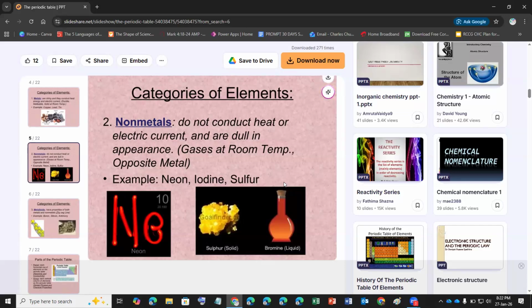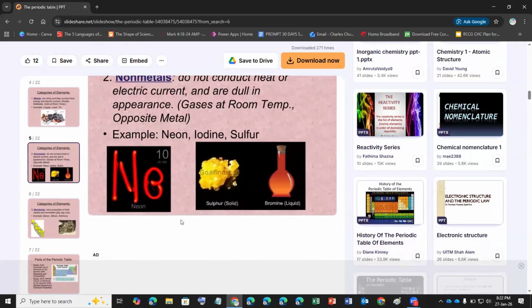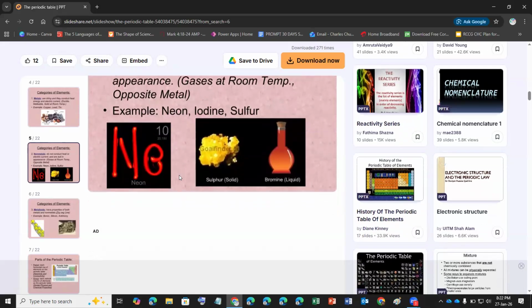You can see it's dark, it's black. So that's one of the ways it lines up with that physical property. Examples of non-metals: iodine, sulfur, neon. All of them are gases at room temperature.